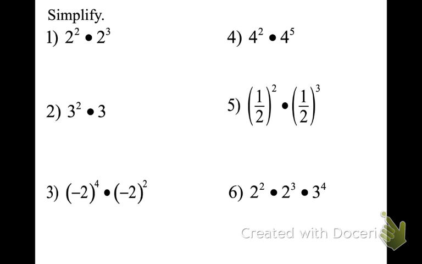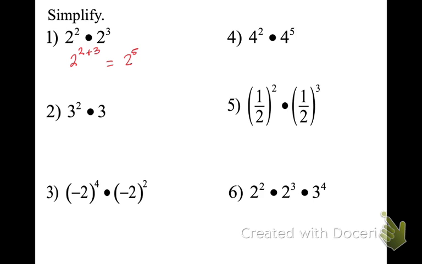Here it doesn't say use exponents, so we're going to simplify it all the way out. So the first thing we're going to do is take the base, 2 to the 2nd power. And then remember, when we multiply with a common base, we add the exponents, and so we get 2 to the 5th power.